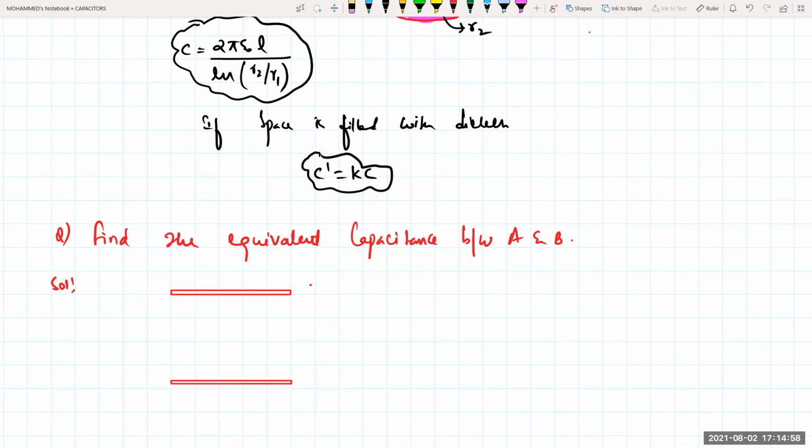This one is a terminal here, and this one is some terminal here. This is your A and this is your B. And there is some vertical separation between them. This is a dielectric of K1 and this is a dielectric of K2. So what is one short trick for this one?